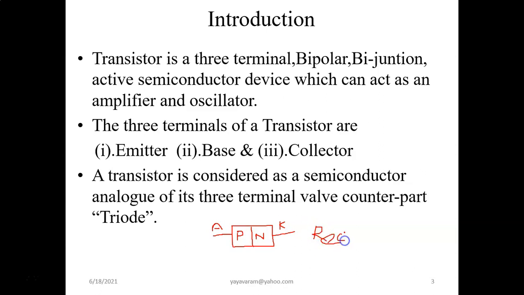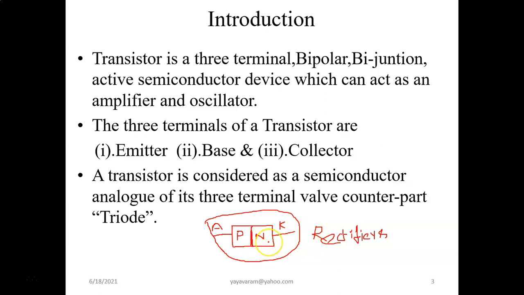What is a rectifier? Actually, a rectifier converts alternating current AC to direct current DC. That is its application. So this is a two-terminal semiconductor device which can act as a diode. Diode means two electrodes. One is anode, other is cathode, or P and N. This is normally known as junction, which I have already covered.